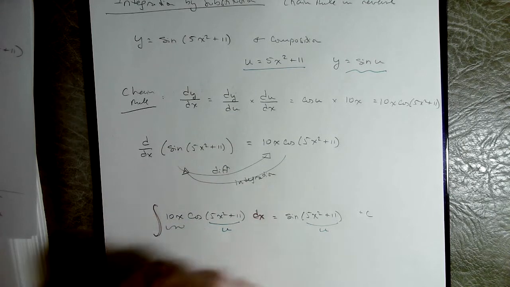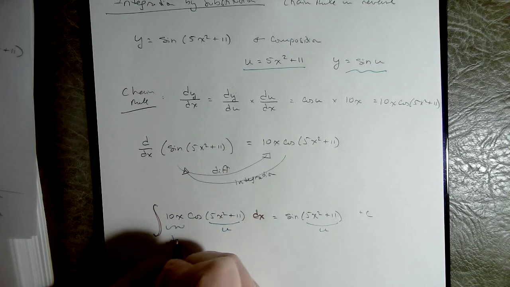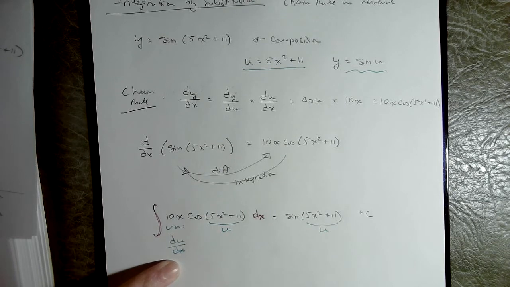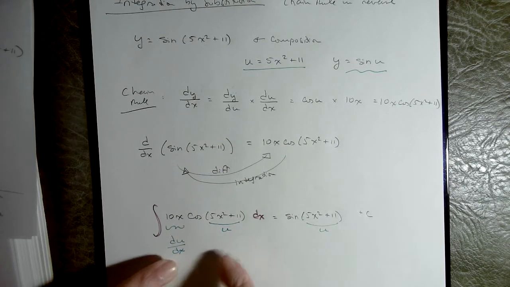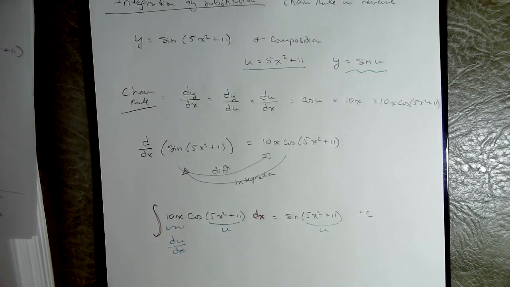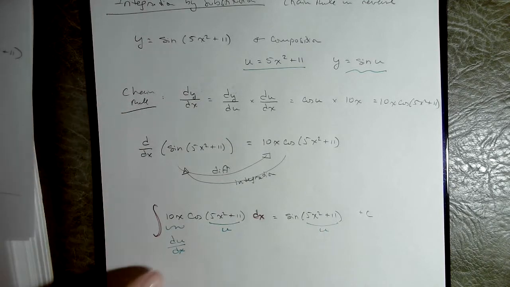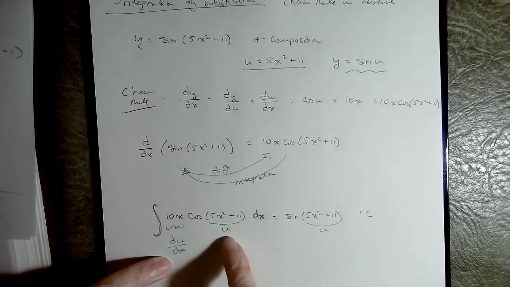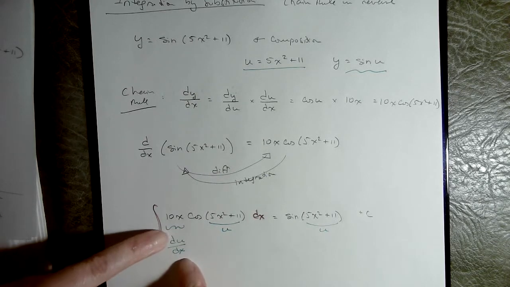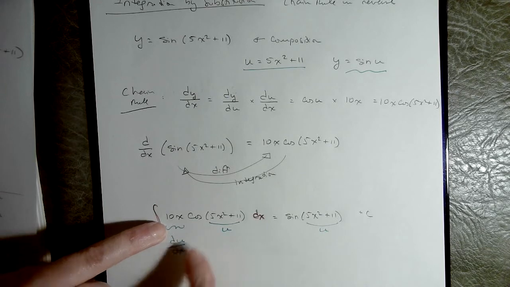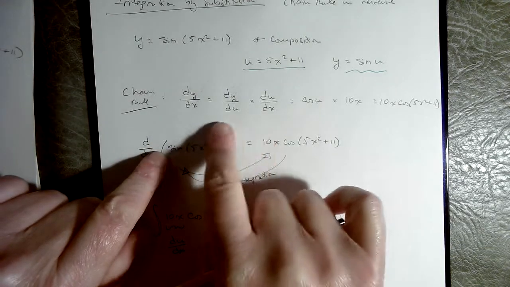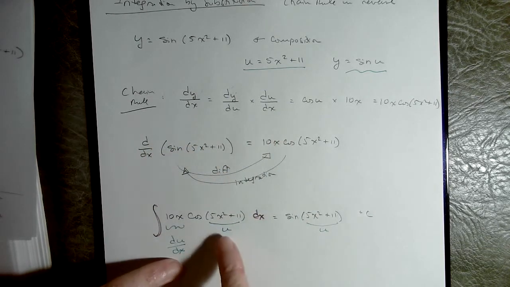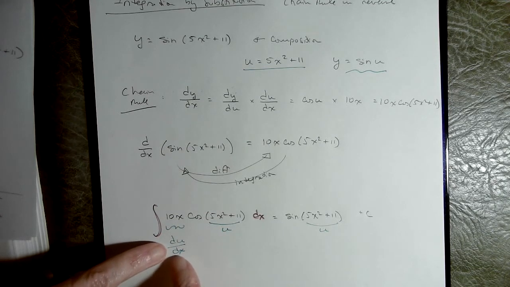This piece, that 10x, that was du/dx. And it's this kind of structure that we're interested in when we do integration by substitution. We're looking for that du/dx business. We're looking for something we can call u and a du/dx involved, stuck by multiplication because chain rule is about multiplication. Okay, so I want a thing and the thing's derivative.